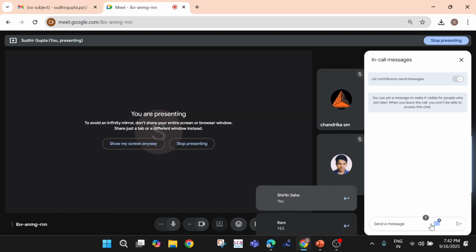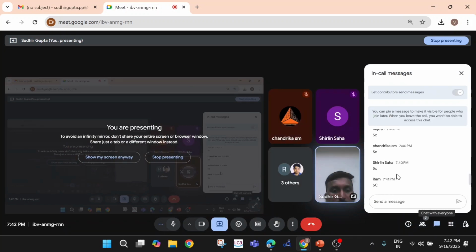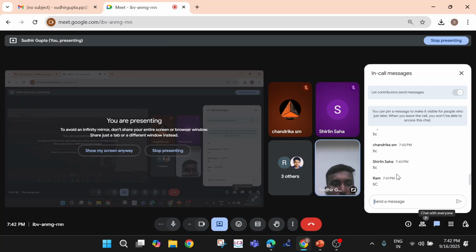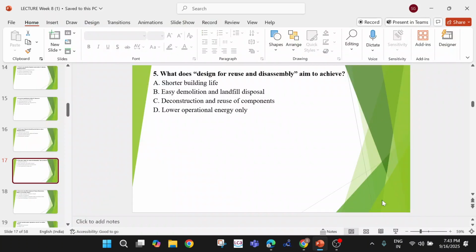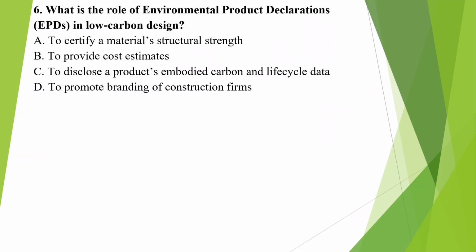Is it clear to all of you till now, whatever we have discussed? Okay. So let's move to the next question then. Question number 6. Here is question number 6 for you all. So this is about environmental product declarations in low carbon designs.